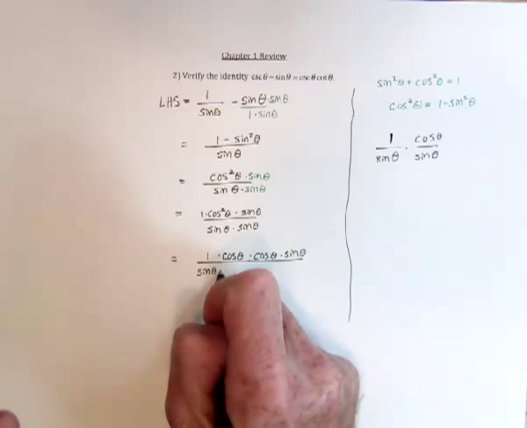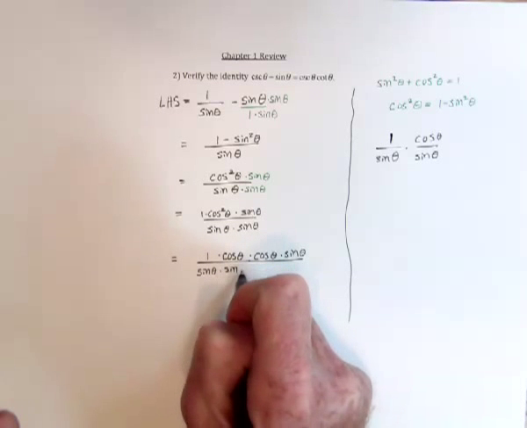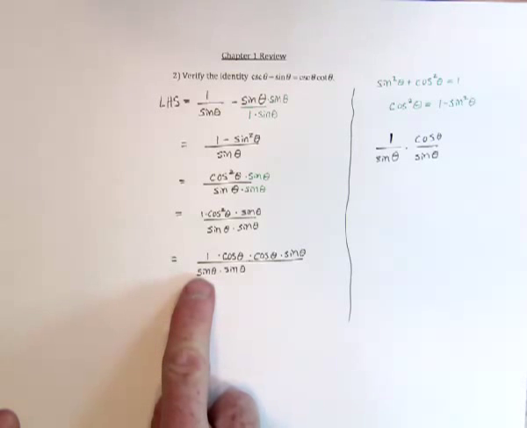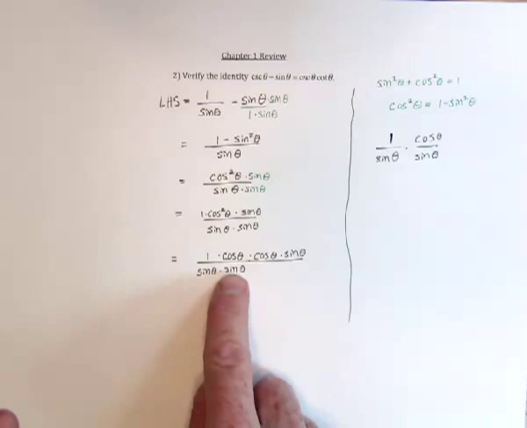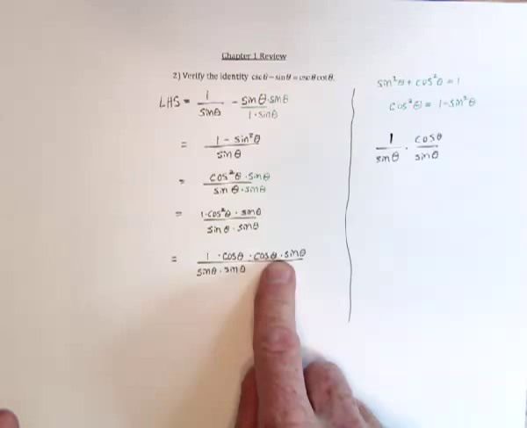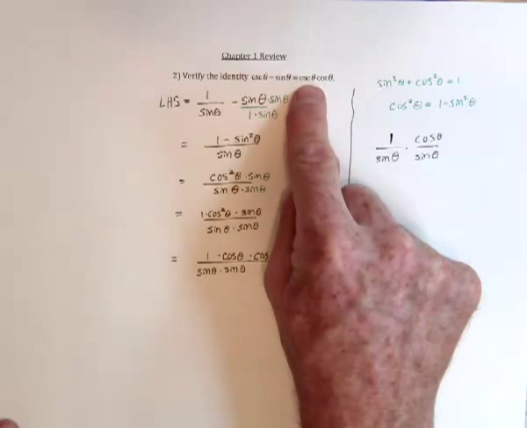And for the denominator, it's sine times sine. So this 1 over sine is cosecant. This is the cotangent. And then this is extra stuff that we don't have in the original problem.